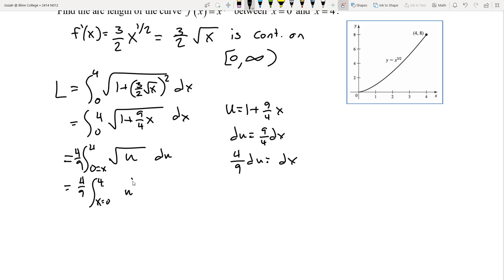We've got u to the 1/2, so it will just be a power rule. Increase the power by 1. Divide by the new power. Dividing by 3/2 is the same as multiplying by 2/3.